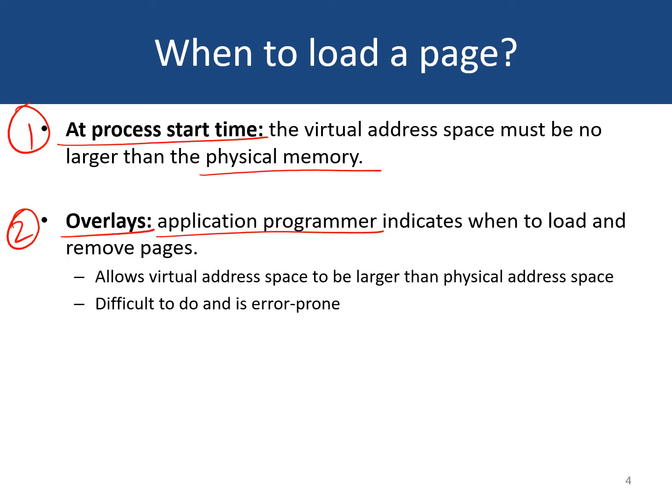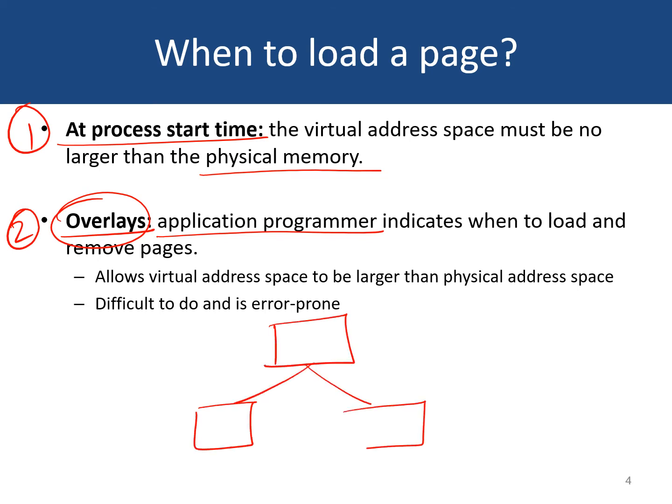In overlay programming, the programmer manually divides a program into various self-contained object code blocks. These code blocks are called overlays. These overlays are themselves organized in a tree-like structure, and there is an overlay manager.